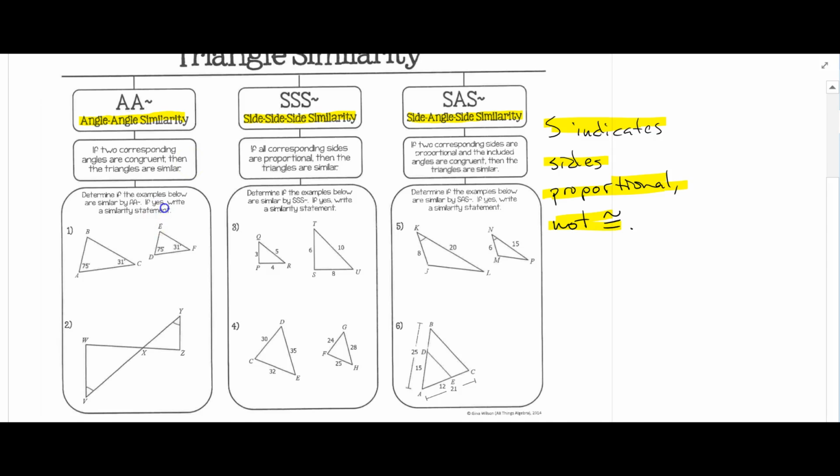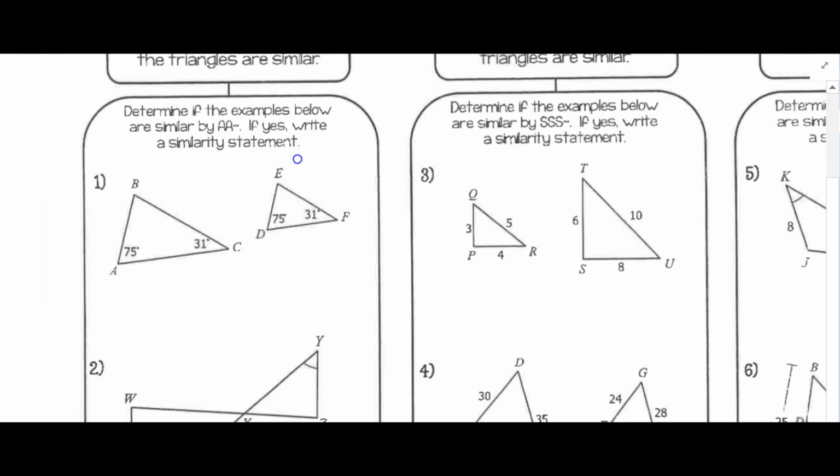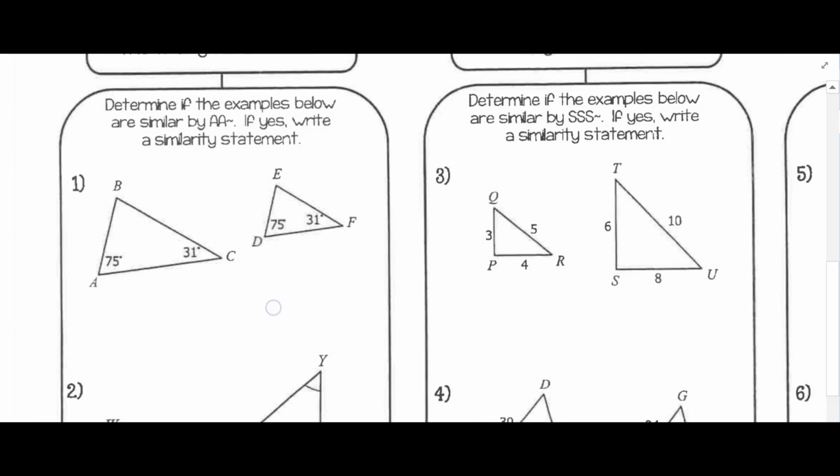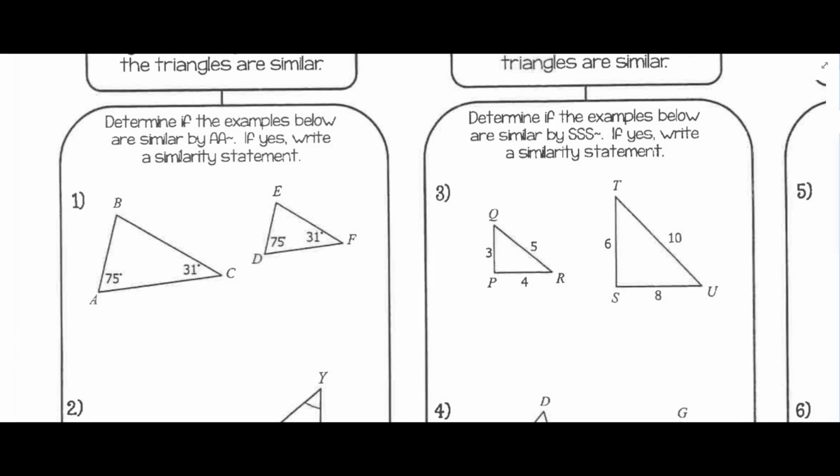So let's take a look at this first example here. Determine if the examples below are similar by angle-angle similarity. If yes, write a similarity statement. So all I need for angle-angle similarity is two pair of angles congruent. So I have a 75 here and a 75 here, so that's one pair of angles, and a 31 here and a 31 here.